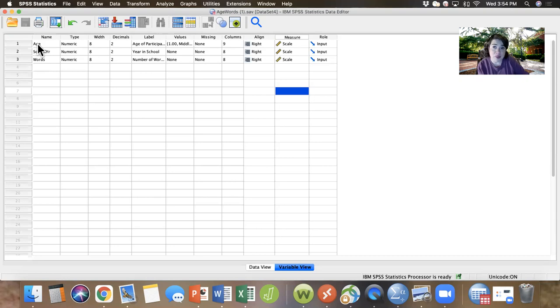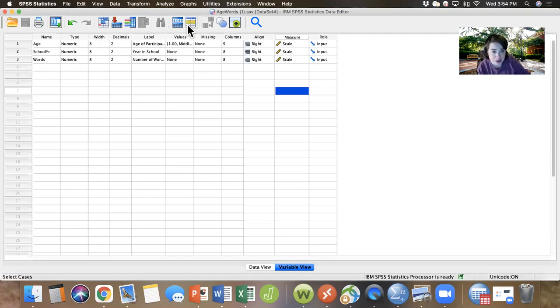So remember, with categorical variables, we use what's called dummy coding to enter them into SPSS, right? So they're associated with a particular numeric value, and that numeric value tells SPSS which levels we're comparing, right?